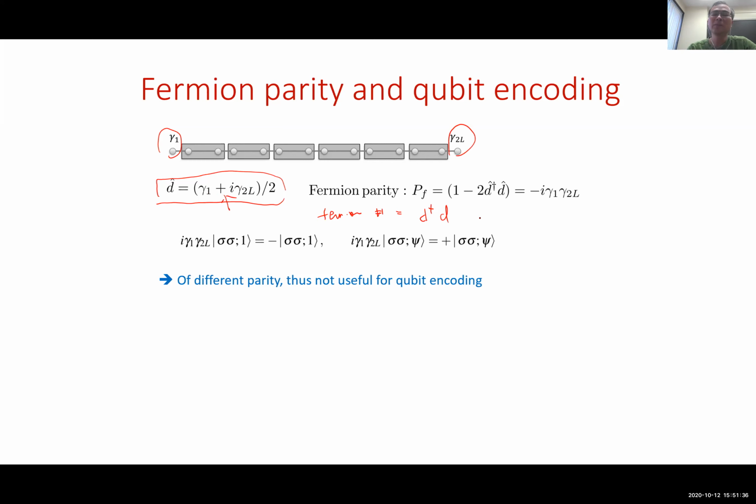And then the parity. If you have n, we just call this n, if n is 0, then the parity will be, let's use plus parity, plus 1. If n equals 1, we have negative parity. Okay, so we can define the operator Pf as 1 minus 2 times the number.